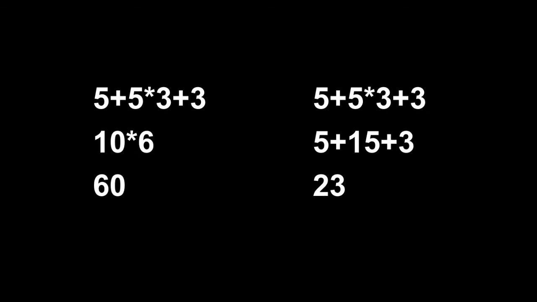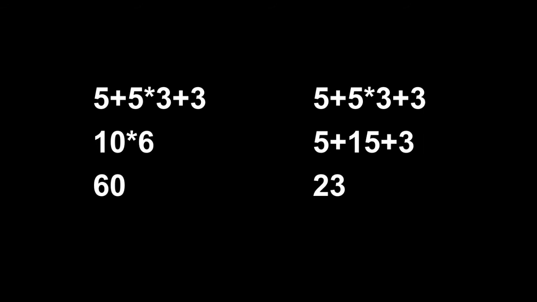And what this means is that addition and subtraction, the Aunt Sally part of this, always comes at the end, and multiplication and division, the My Dear part of the sentence, always comes before that. So, when I actually write out 5 plus 5 times 3 plus 3, what Excel sees is multiplication first.